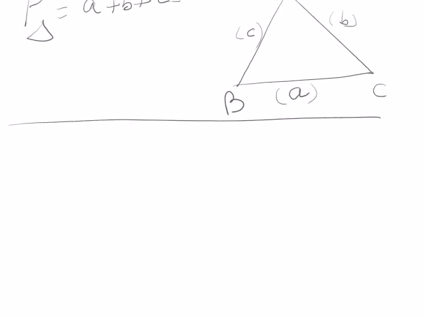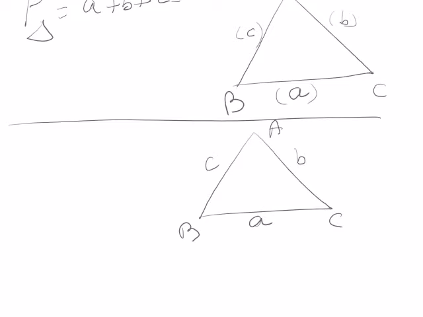Now, suppose you do not know the height of the triangle or altitude of the triangle corresponding to any side, but you know all the three sides, that is a, b, c. So you know side BC, you know the length of side AC, and you also know the length of side AB.